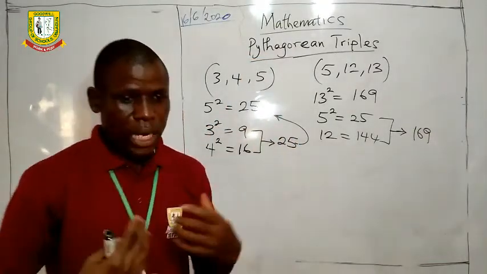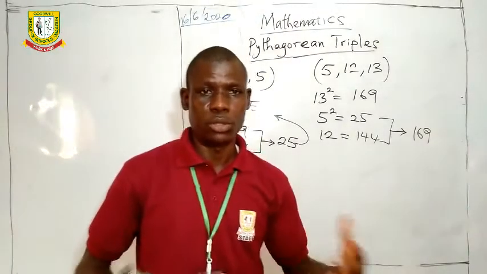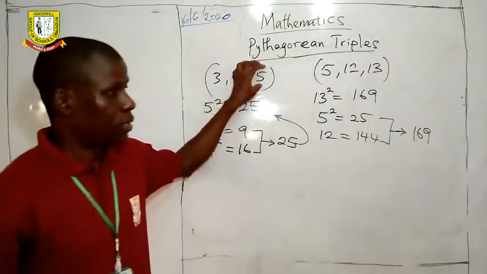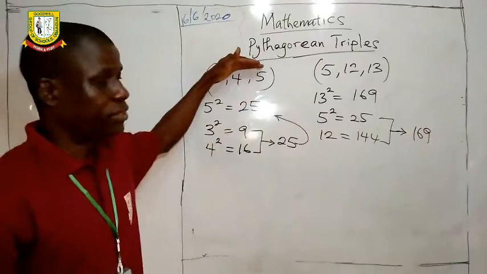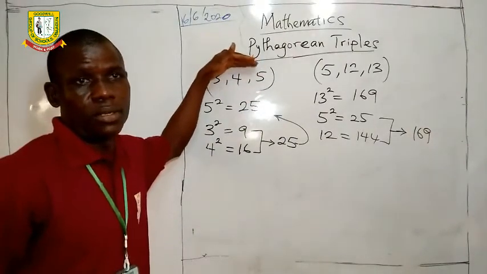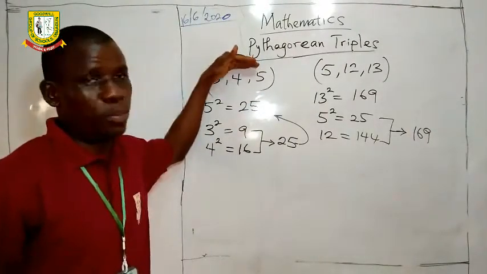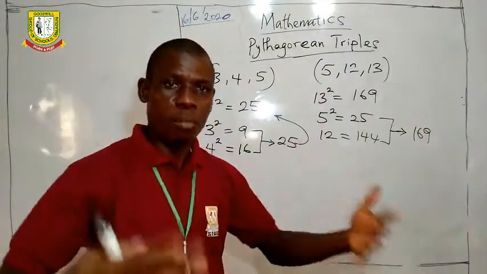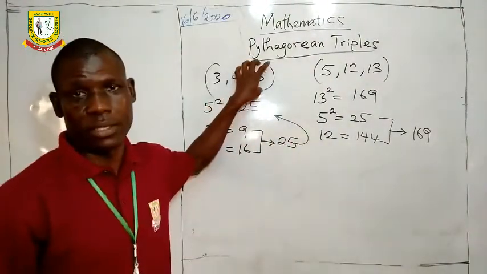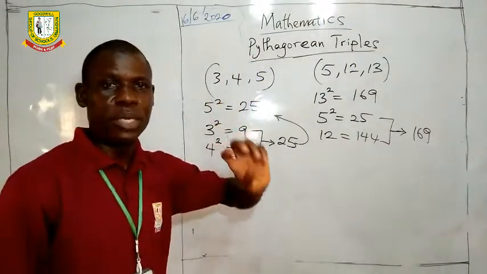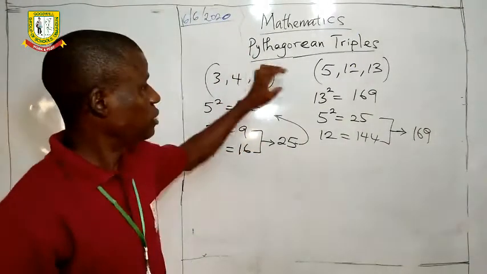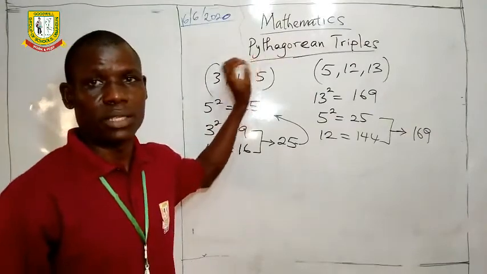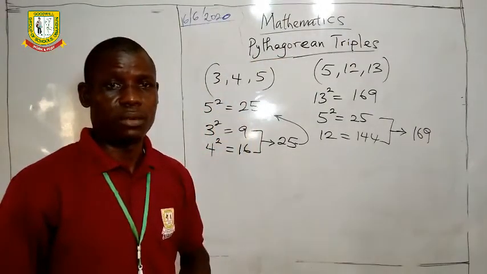Now, another thing that you should carry along is that once we have this basic Pythagorean triple, it is possible for us to get many more out of it, simply by multiplying each of the three numbers by a fixed value.